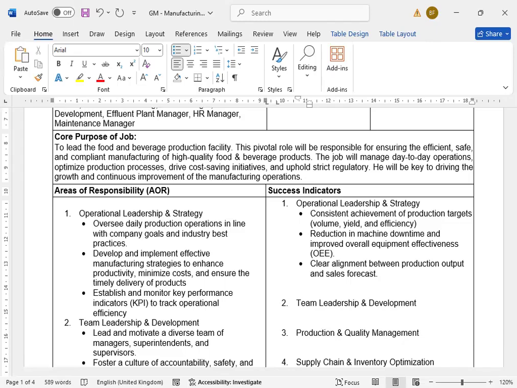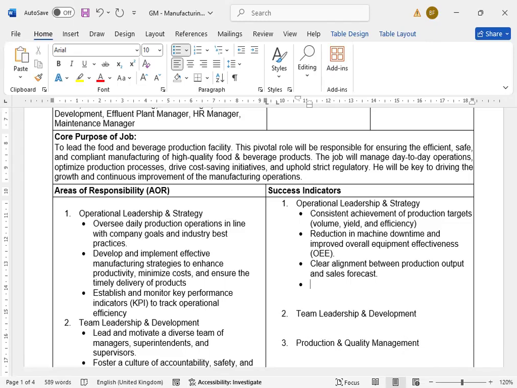Okay, those are the success indicators that you are having success, if you are good in managing in terms of the operational leadership and strategy.